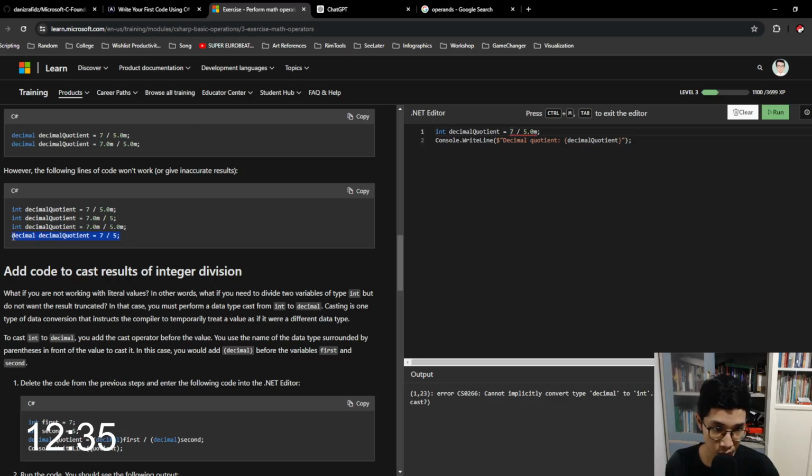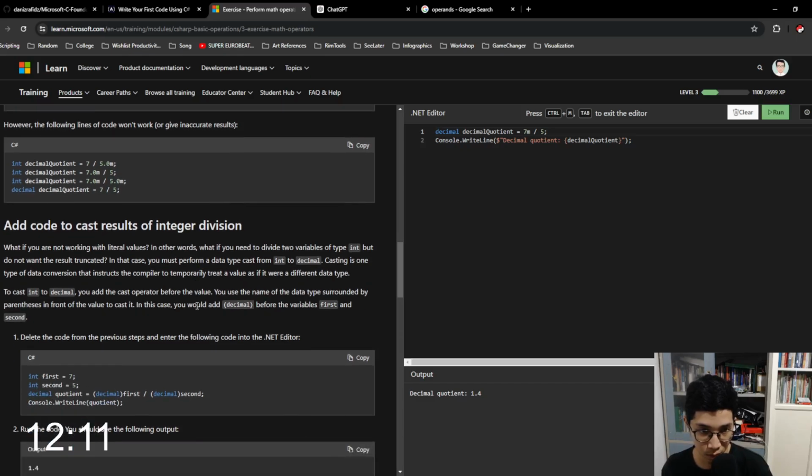So the only one that works, even though the result will not display the decimal, gives 1 without decimal. You need to put the m suffix here, so it will work perfectly fine. 1.4. Okay, 7 divided by 5 equals 1.4. Perfect.